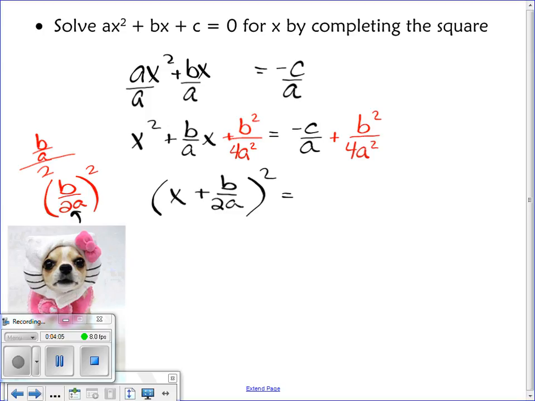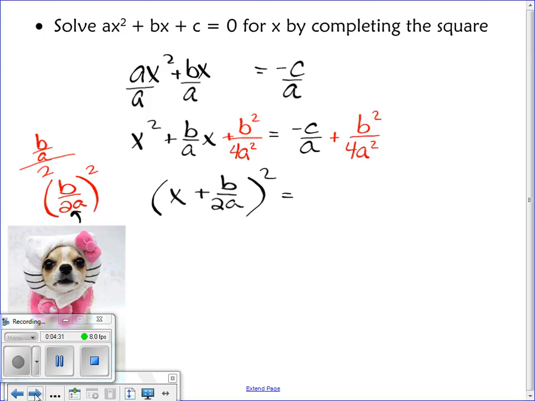Over here is where I usually lose people because our fraction skills aren't always so great. If I want to combine these, what must you have? Common denominators. All right, so this one's a 4a squared. Can I turn this one into a 4a squared? What would you have to multiply a by to make it 4a squared? 4 and a.